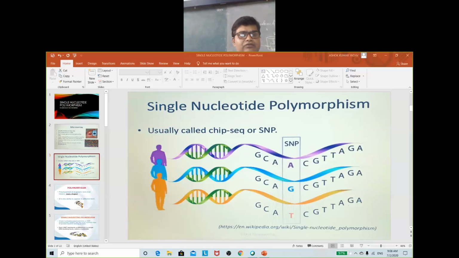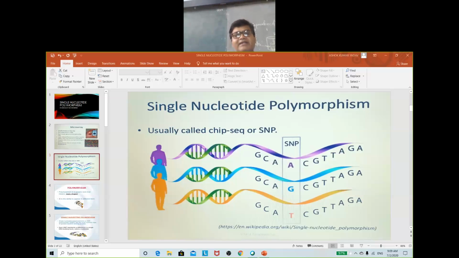So let us try to know why SNP is required. SNP is generally used to find out such type of variation. First point. Second point, if you want to observe a population, whether it is an identical clone population or there is a difference or variation at the gene level of a population, that can be studied with the help of SNP.